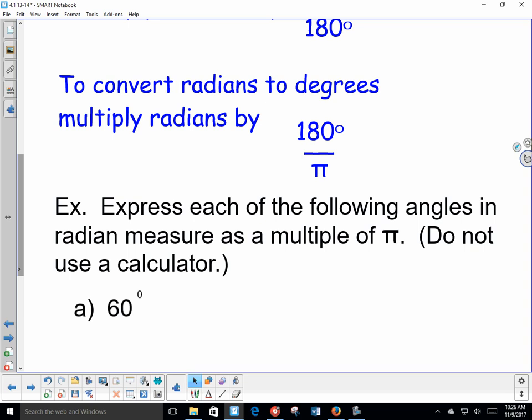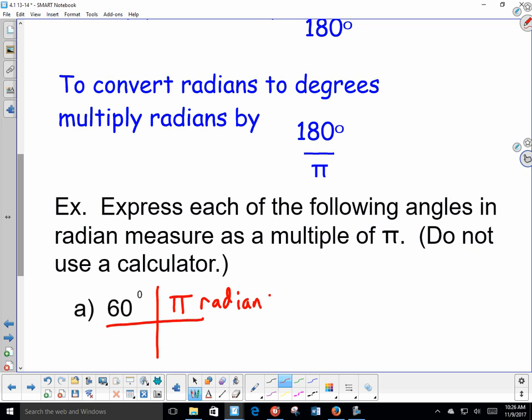So if we want to convert 60 degrees to radian measure, I'm going to multiply by pi radians over 180 degrees. Everybody agree that that's like a unit fraction, like 12 inches over a foot, or 1 hour over 60 minutes? Those are unit fractions. So here's another unit fraction, pi radians over 180 degrees.